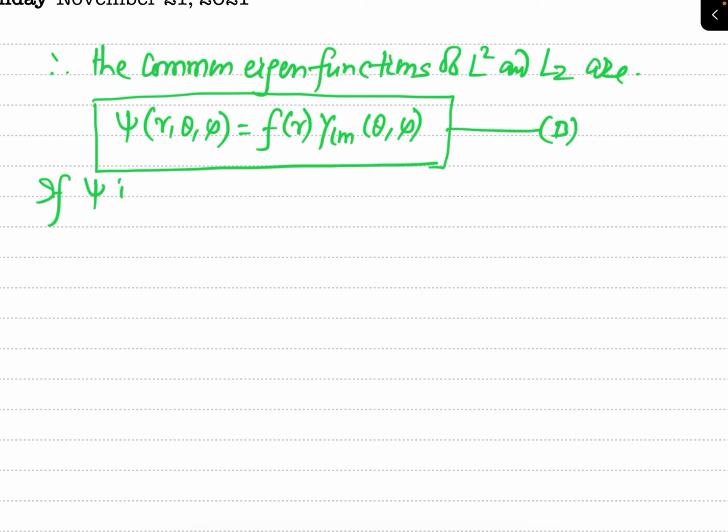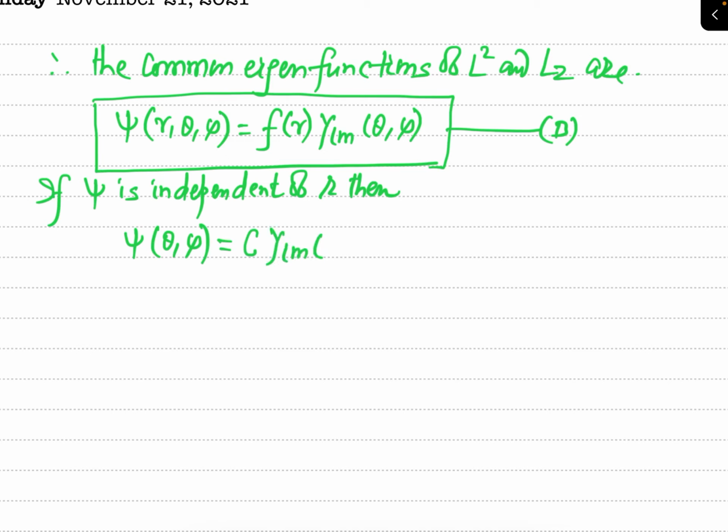So if psi is independent of r, then we simply write psi of theta, phi, and that will be equal to some arbitrary constant, let us say C, which is actually a normalization factor, times Y_LM(theta, phi).